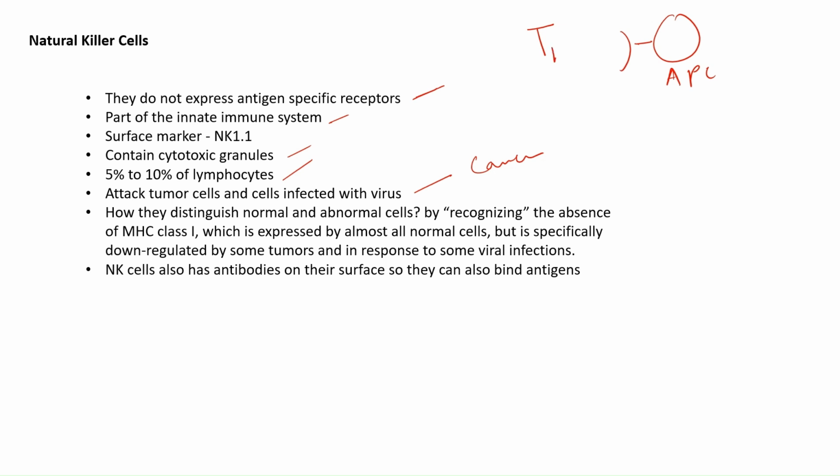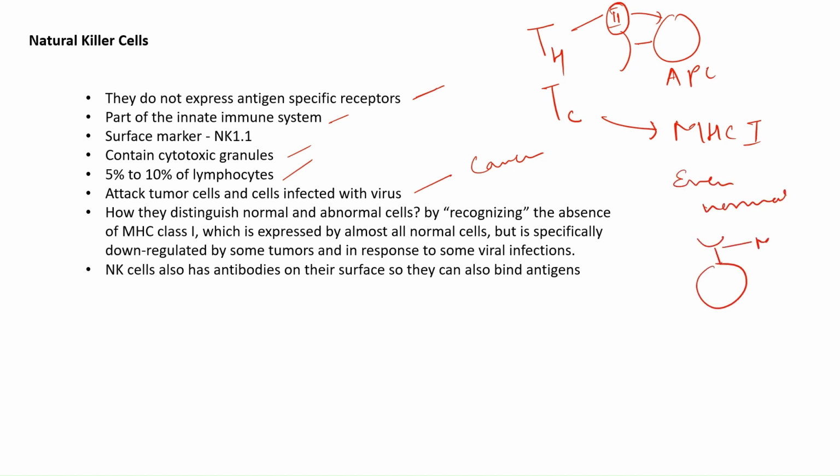For TH and TC, we learned that TC cell will recognize the antigen when it is present with MHC class 1 and TH cell with MHC class 2. Now, MHC class 2 is present on all the antigen presenting cells. But even all the normal cells of our body contain this MHC class 1.